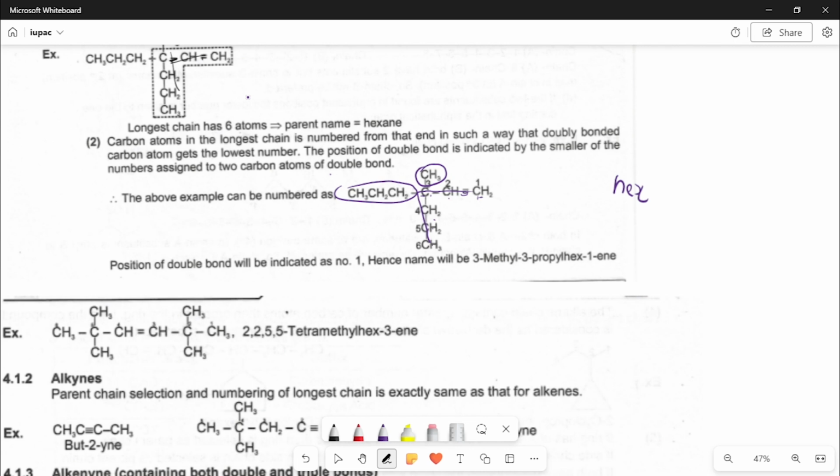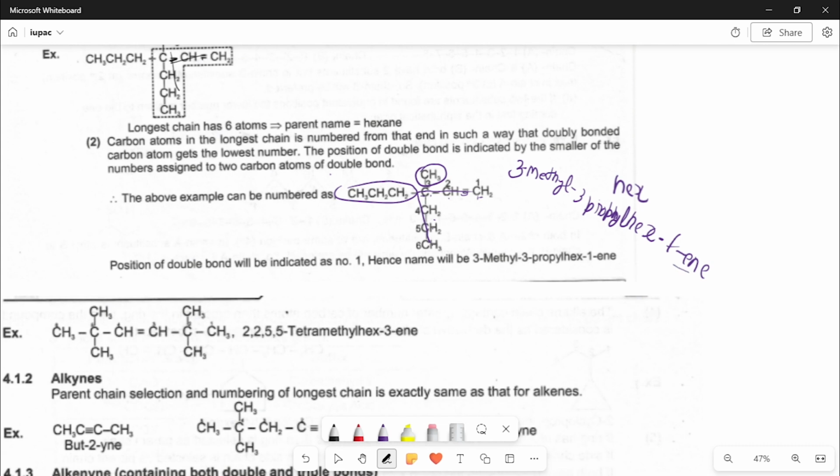There are two, methyl and propyl. So methyl comes first. So 3 methyl, 3 propyl, hex, then 1 e. You actually don't have to include 1 if it's present at 1.